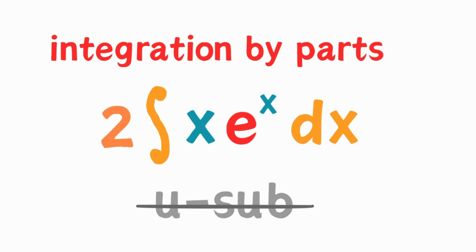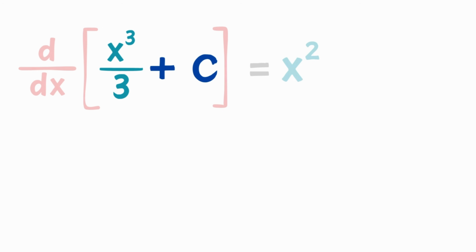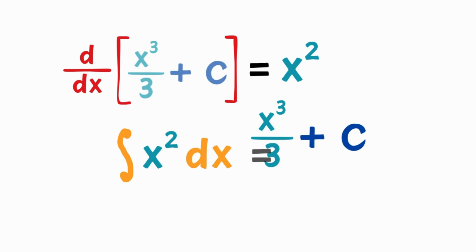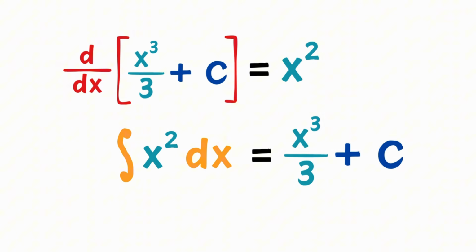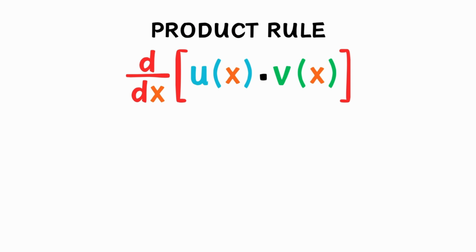Before we start defining things, remember that an integral is essentially the inverse of the derivative. If you know a function and its derivative, you can set up an integral. Just switch the sides. Integration by parts is the reverse of the product rule. As a refresher, the product rule is the derivative of the product of two functions.